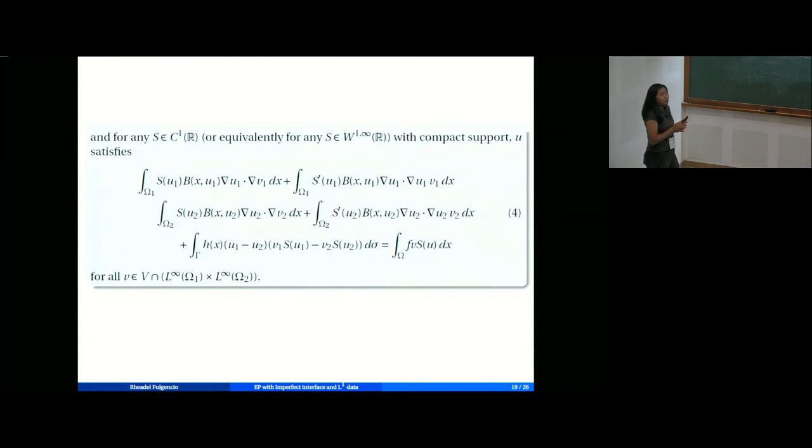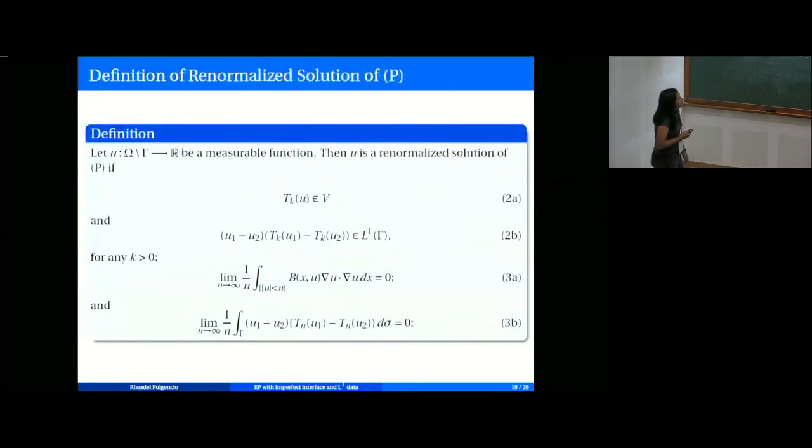Okay, so the main question that we have is, do these integrals make sense? That's the first question. For the conditions 2a, Tk of U in V, and this decay of truncated energy, this is standard in the renormalized formulation.